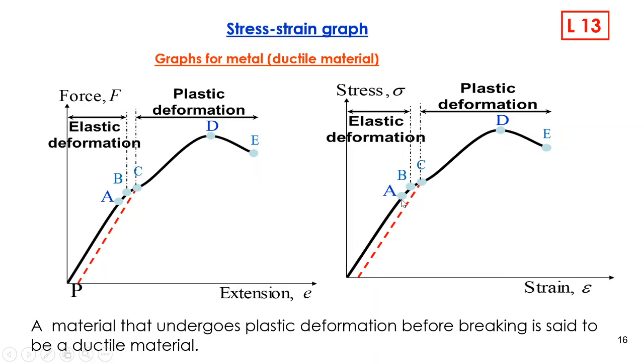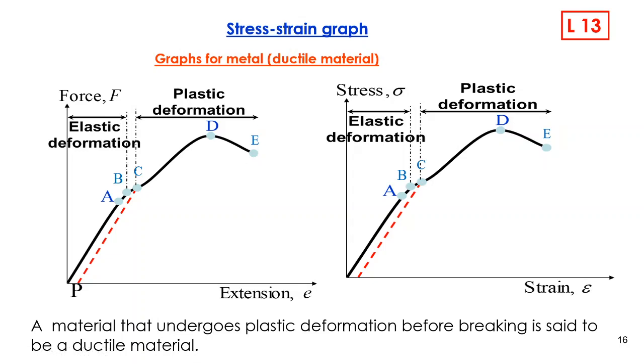Alright, this is the stress versus strain graph on the right here. On the left, we have the force versus extension graph. We have quite a few points right here: A, B, C, D, and E. Elastic deformation, plastic deformation.